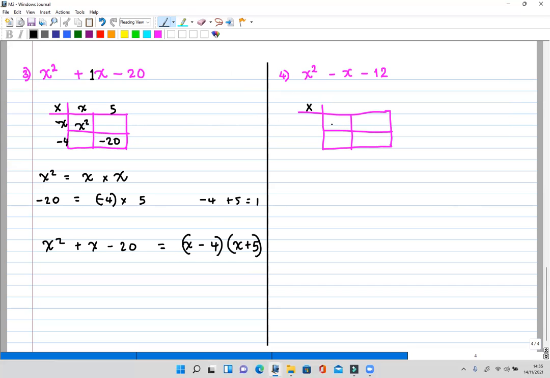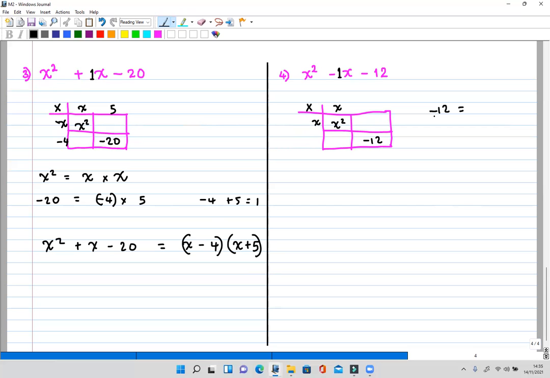Then we write x squared here, and here we write minus 12. Of course, this will be x times x. Okay. How do we get minus 12? And so that when we add these two factors, we will get minus 1. How should we do that?